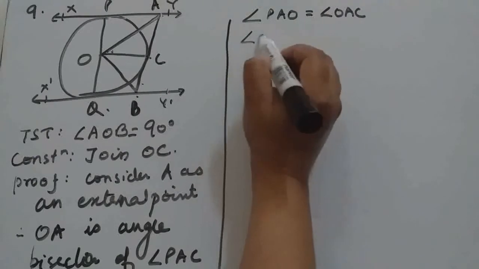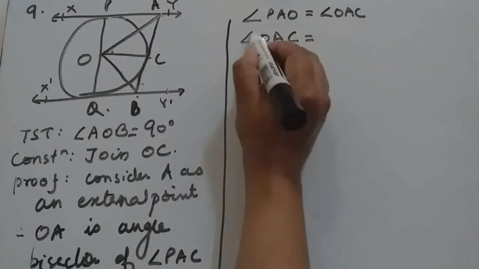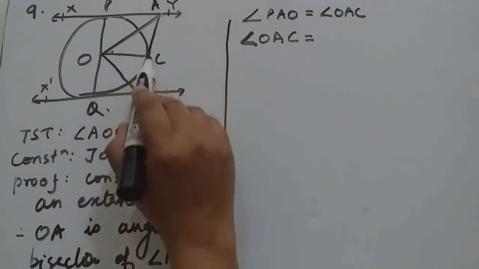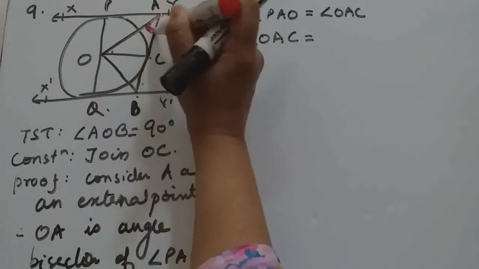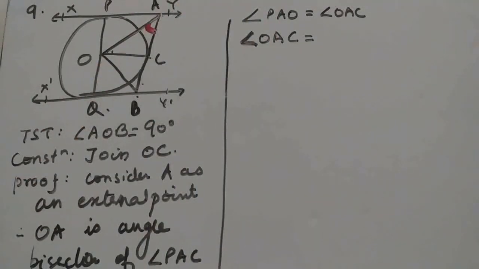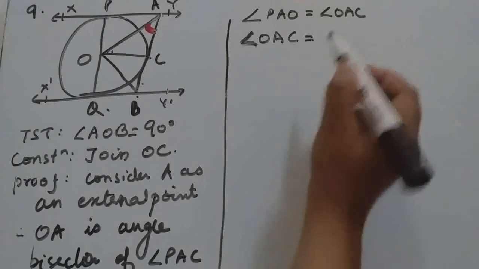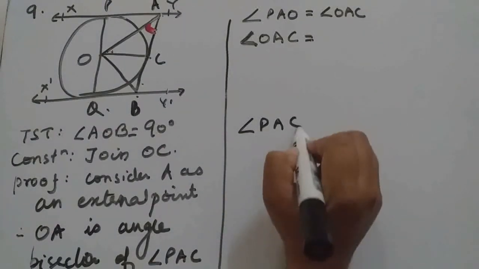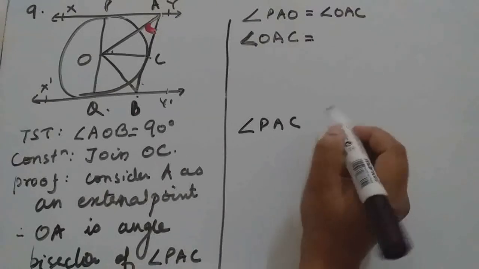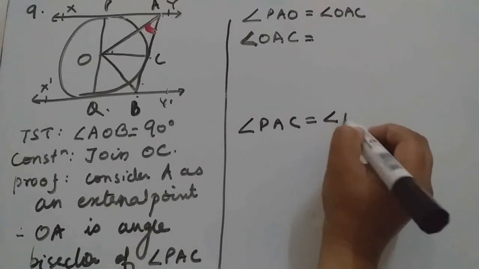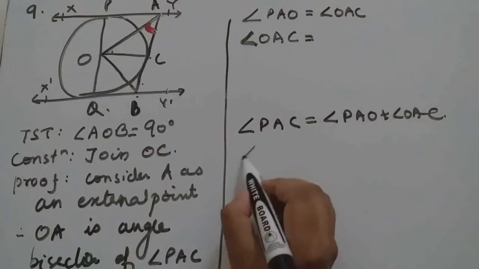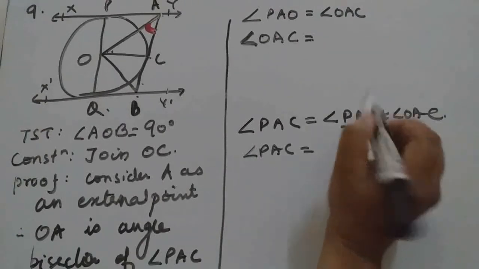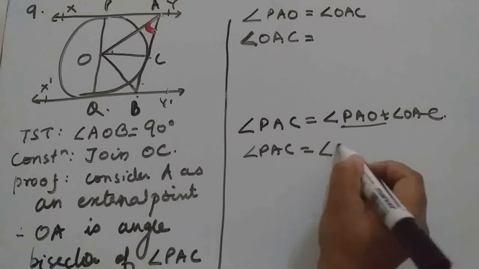Now OAC, this angle. Since we know PAC is equal to PAO plus OAC, but PAO and OAC are equal, so we can write OAC here.